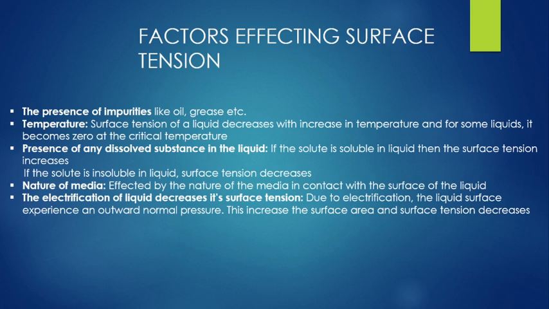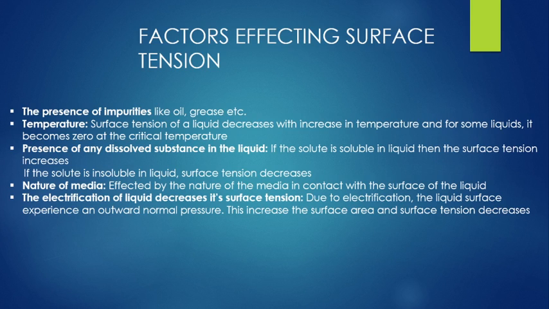So temperature is also a factor affecting the surface tension. And the next point is the presence of any dissolved substance in the liquid. The dissolved substance can be salt or soap. A highly soluble substance like salt increases the surface tension, whereas a substance like soap decreases the surface tension.